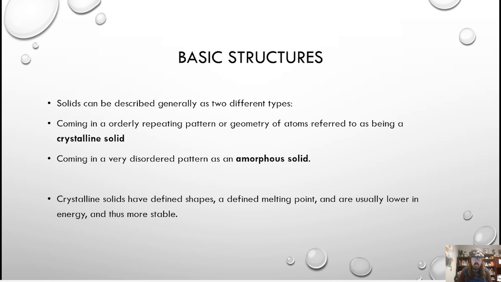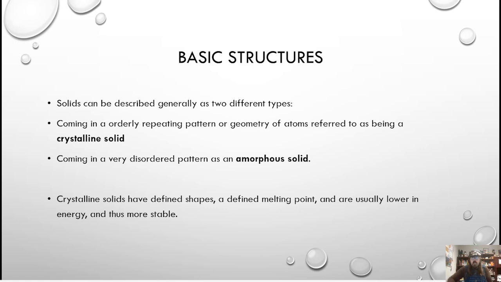However, it is possible to have a very disordered pattern, which is an amorphous solid. These are usually very soft, very easy to melt, very brittle. It's not held together in any sort of order. When things are ordered very nicely, they fit together, take up less room, and can interact more strongly.